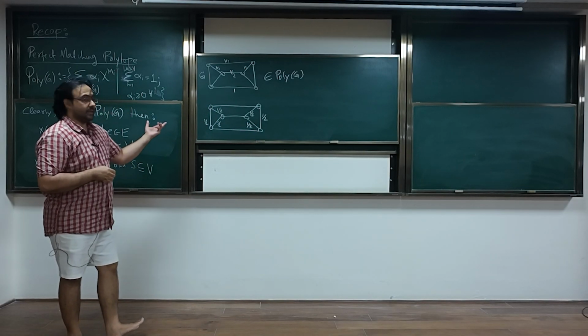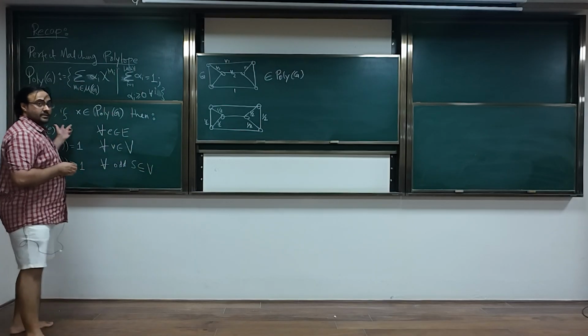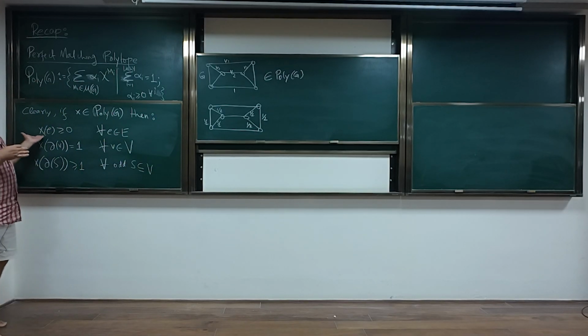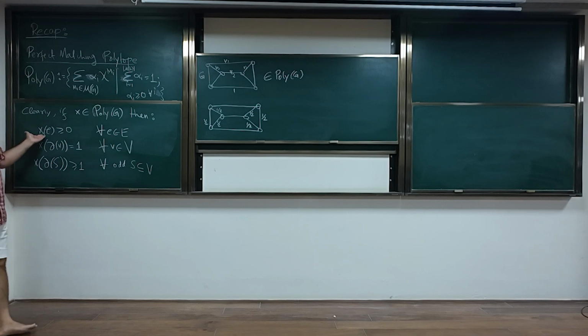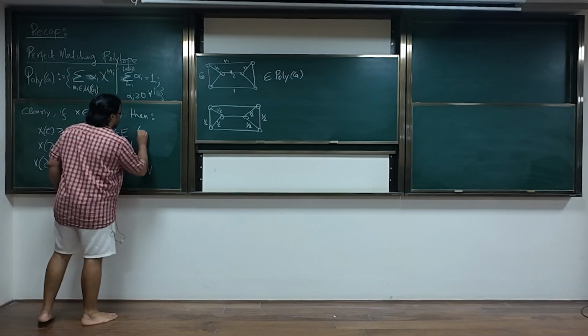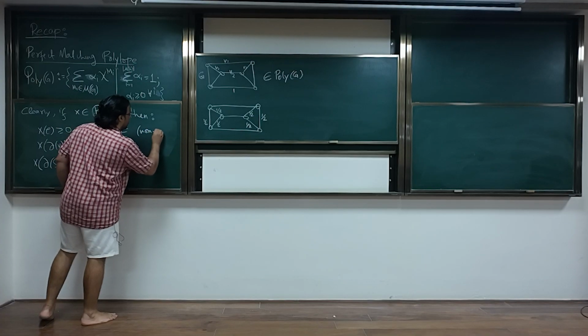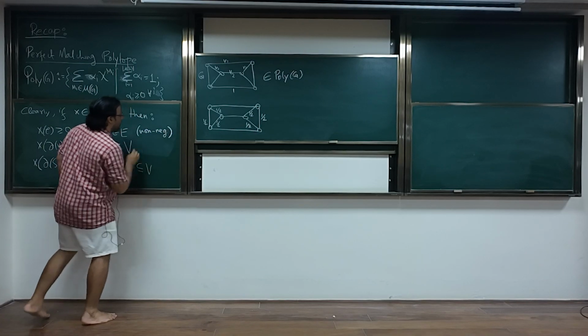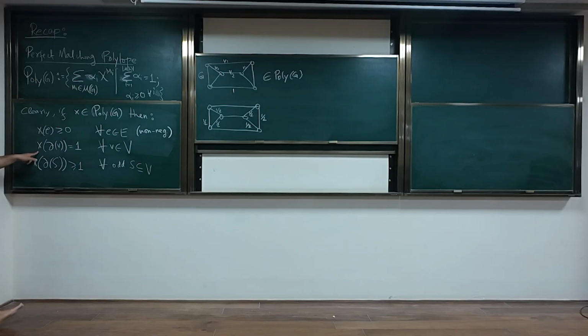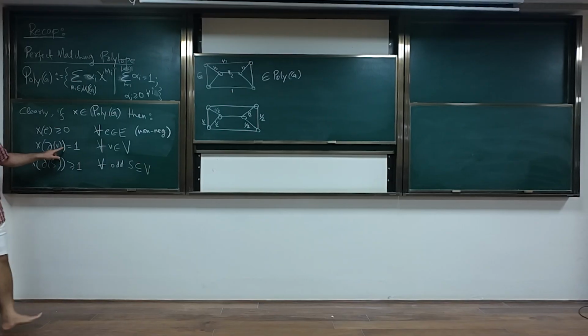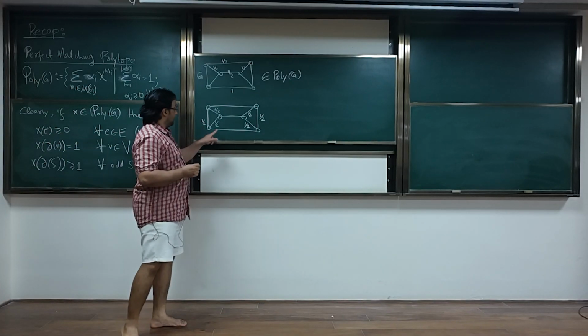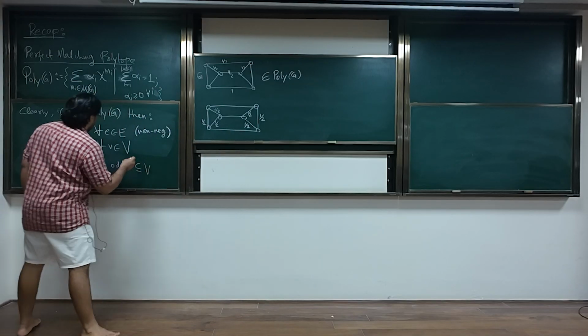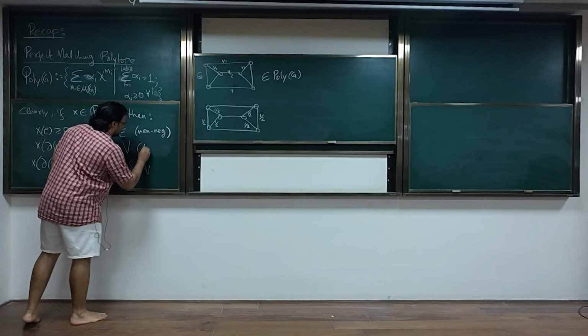It does satisfy 2 of the conditions that we discussed, the 2 necessary conditions to belong to the polytope. Each coordinate has to be greater than or equal to 0. These are called the non-negativity conditions, as they should be. The sum at each vertex is equal to 1. That is true. Half plus half is 1. These are called the degree constraints.